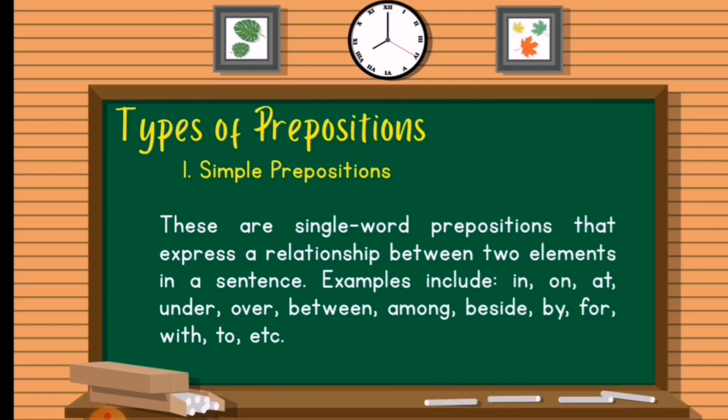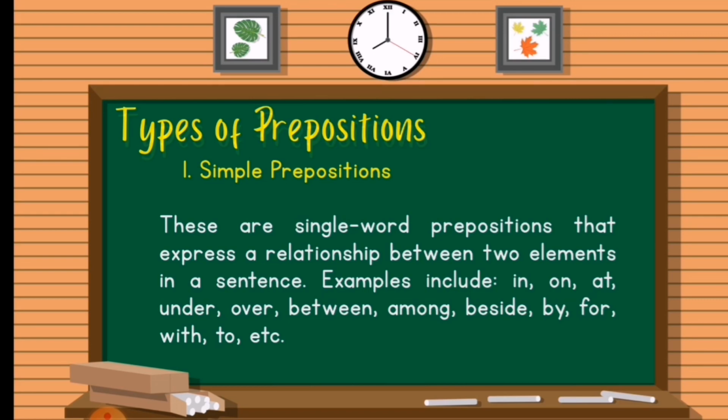So the examples of simple preposition that we can use in a sentence include in, on, at, under, over, between, among, beside, by, for, with, to, and etc. So the example of it is the book is under the table. So the simple preposition that we use in that sentence is under.